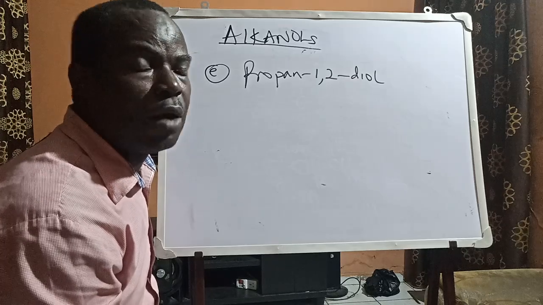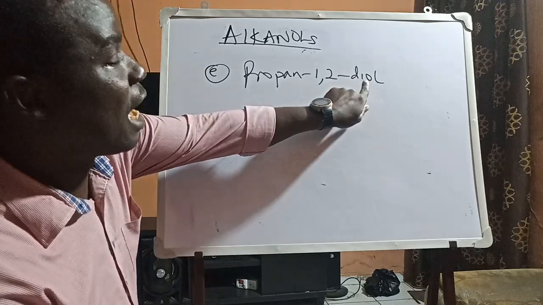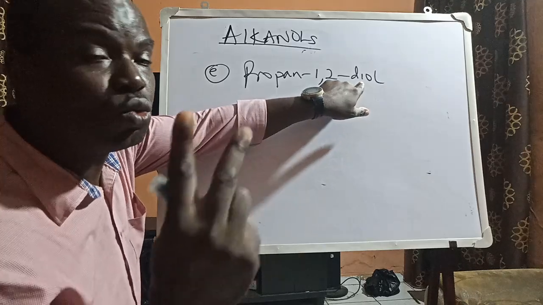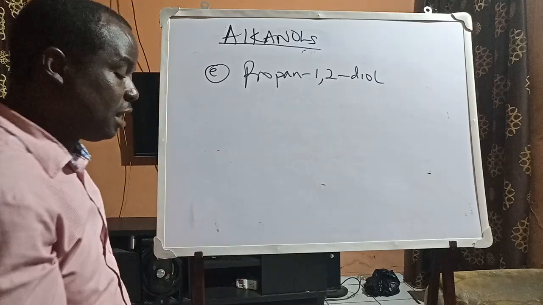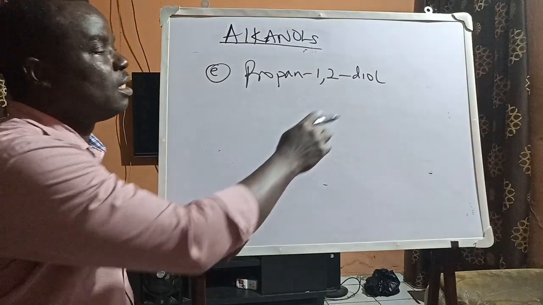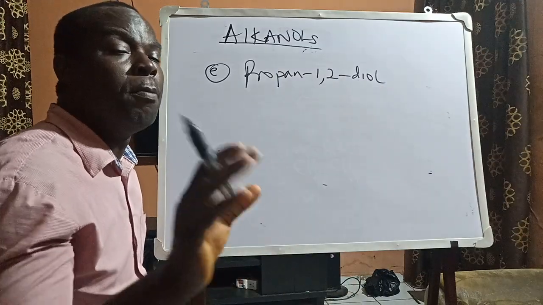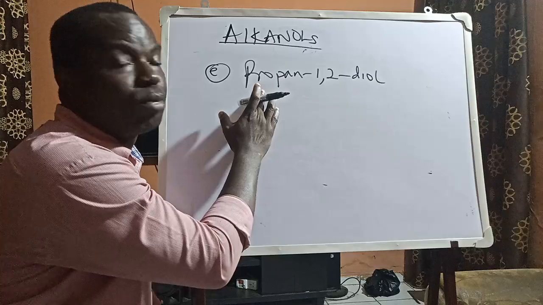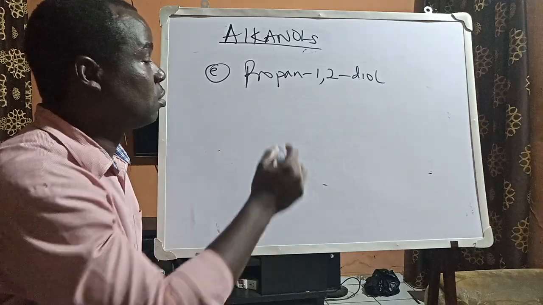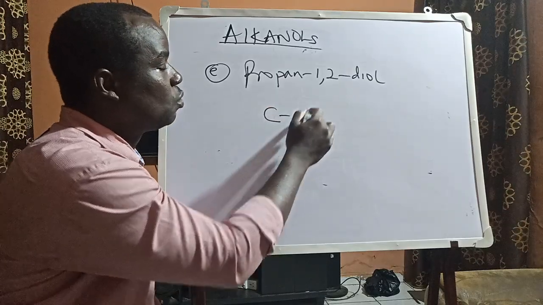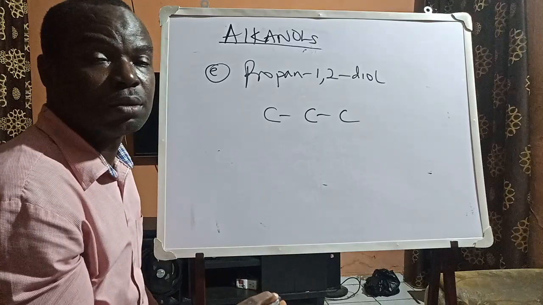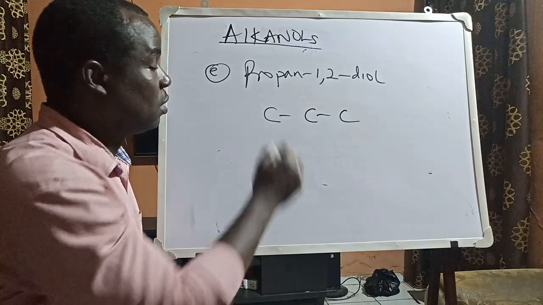Okay? Now, if you look at this, now you see I have a di now. Di means 2. The ol is OH, means I have double OH now. Meanwhile, prop means 3 carbon atoms. So we have 1, 2, 3. Okay?